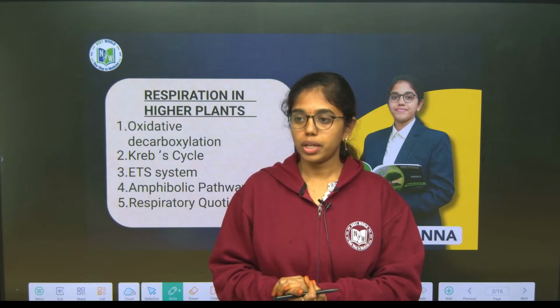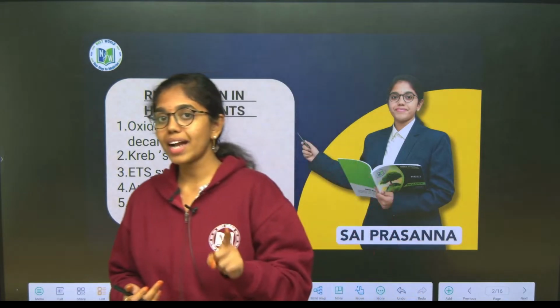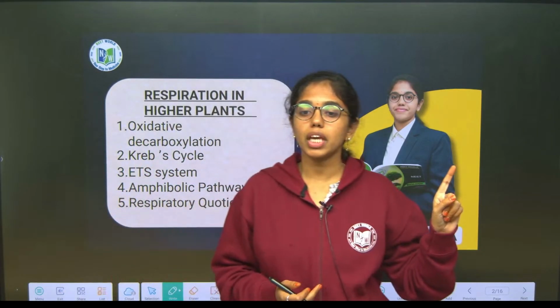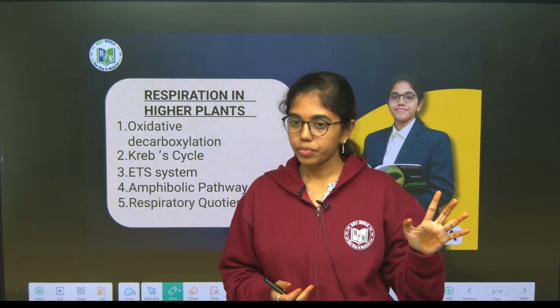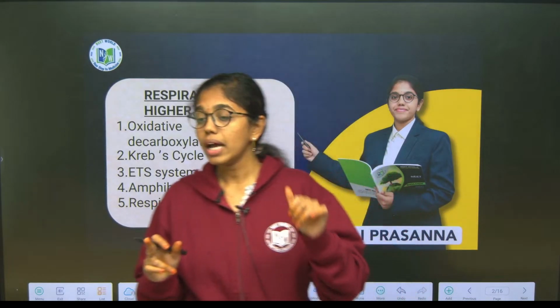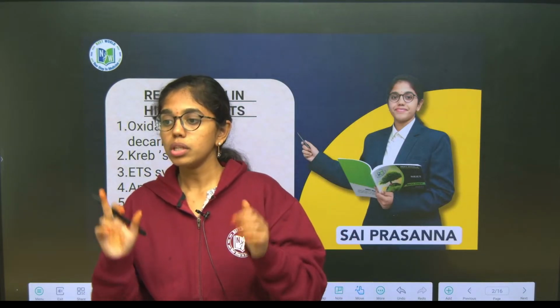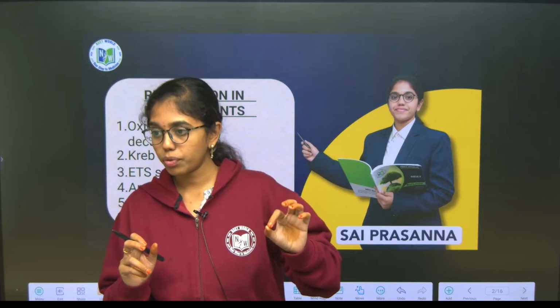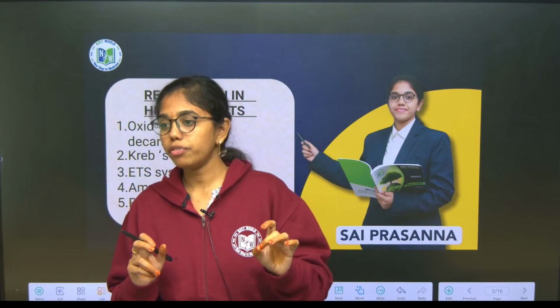Protoplasmic respiration. If the respiratory substrate is fats or carbohydrates, then it is floating respiration. That classification is given by Blackman. And then glycolysis we have learned, which is the common pathway both for aerobic and anaerobic respiration. Then we have dealt with anaerobic respiration, both lactic acid fermentation and alcoholic fermentation.